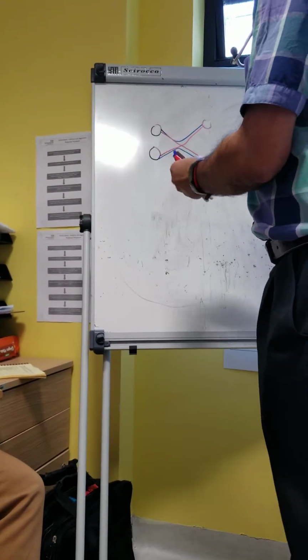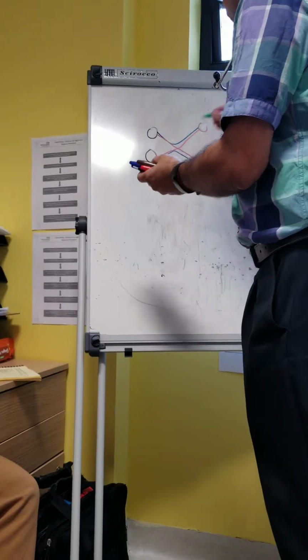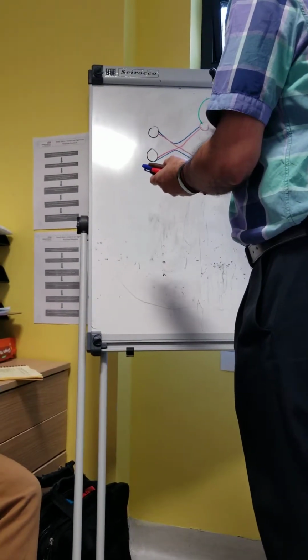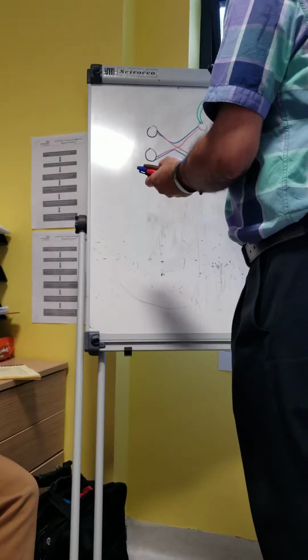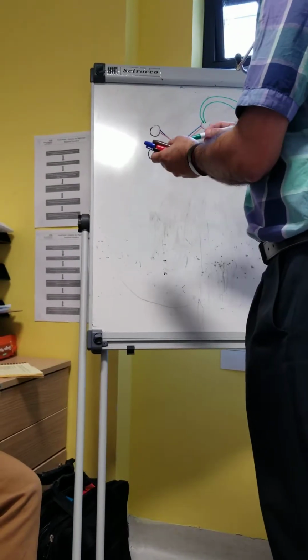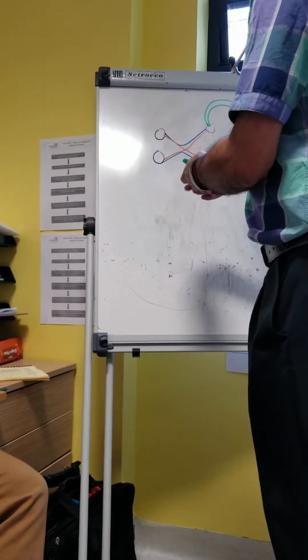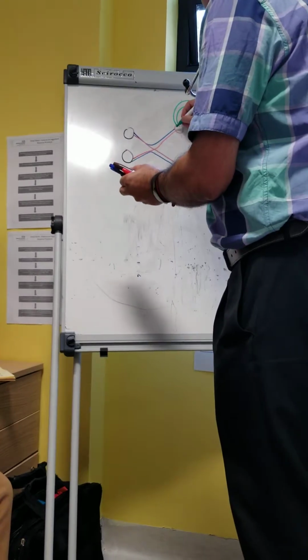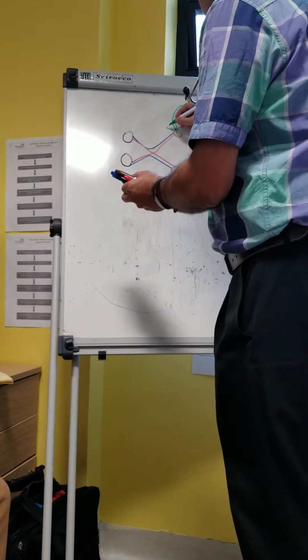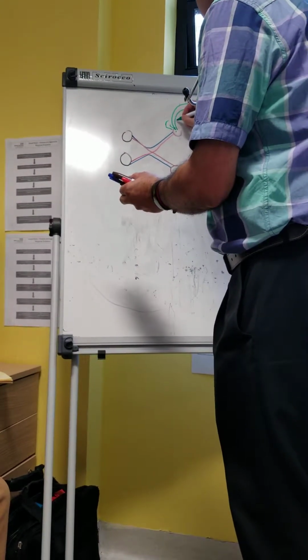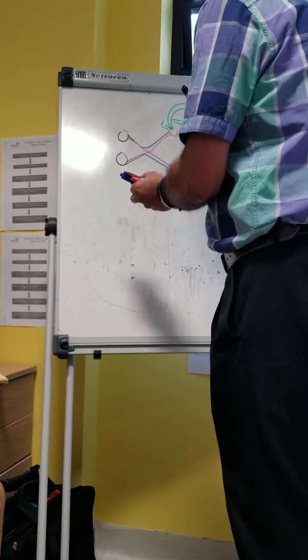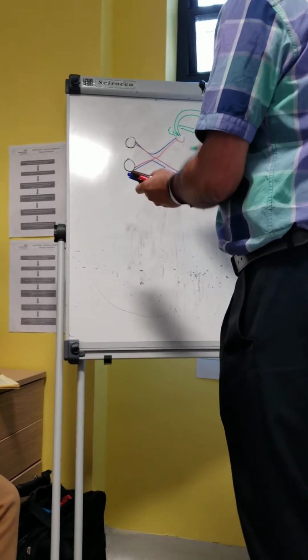From there you get the fibers going through the parietal lobe and relaying in the cuneate part, and then from the lateral geniculate body, these fibers are going through the temporal lobe and coming and relaying in the lingual part.